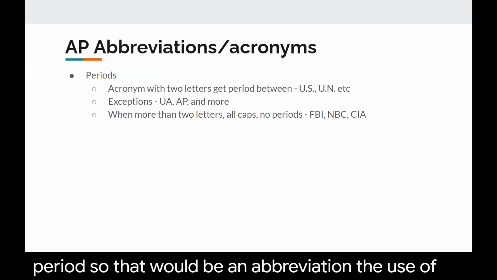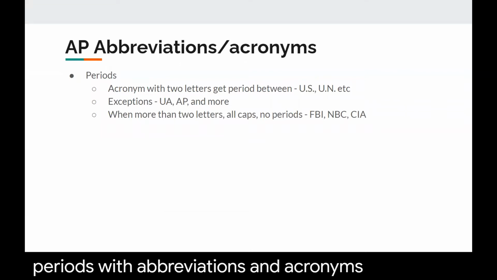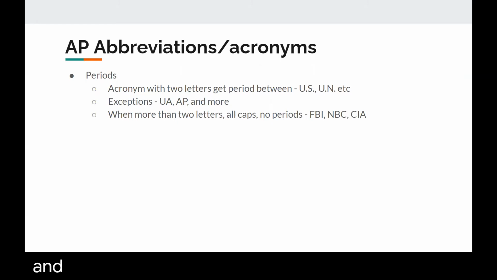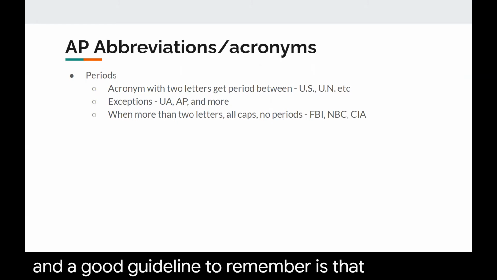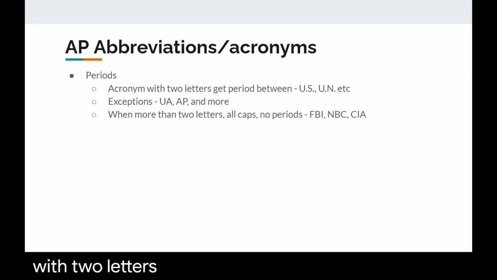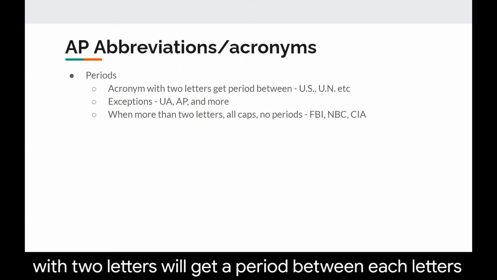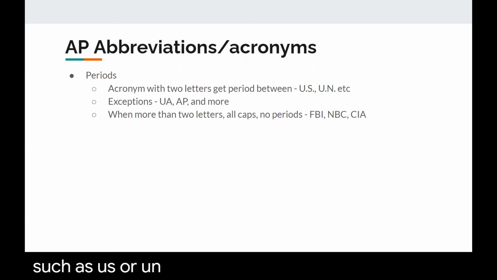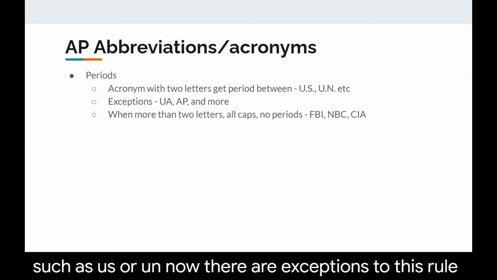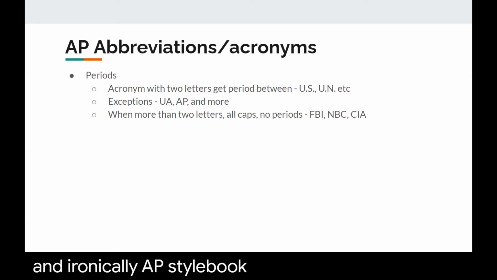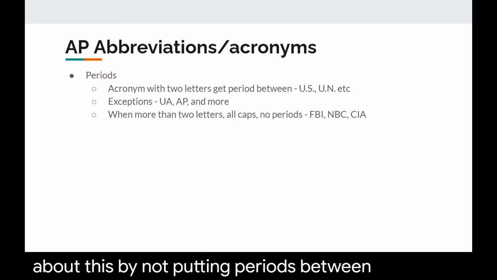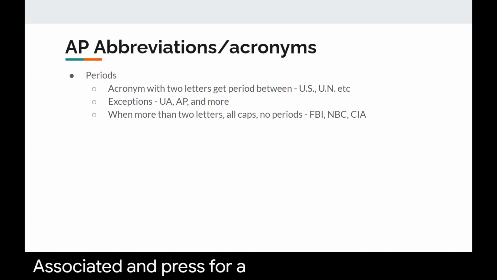The use of periods with abbreviations and acronyms is important, and a good guideline to remember is that an acronym with 2 letters will get a period between each letter, such as U.S. or U.N. Now there are exceptions to this rule, and ironically, AP Stylebook breaks their own rule about this by not putting periods between Associated and Press for AP.